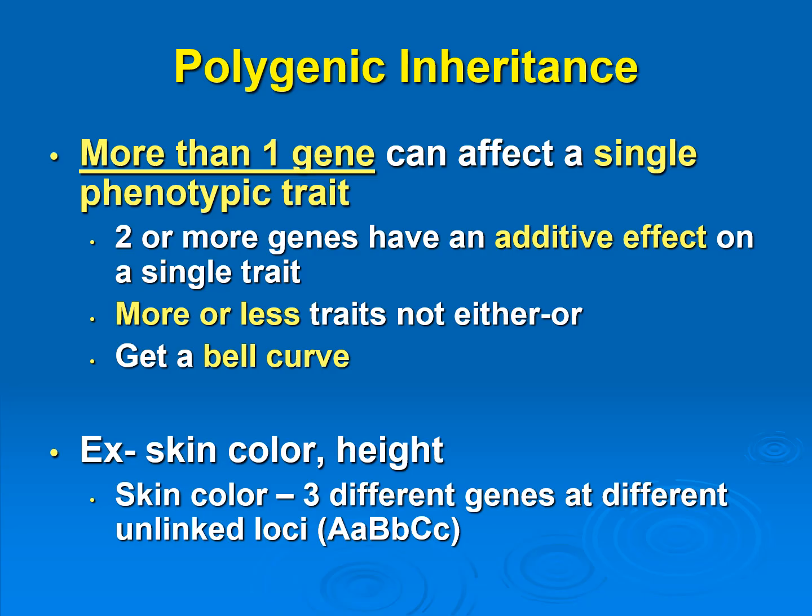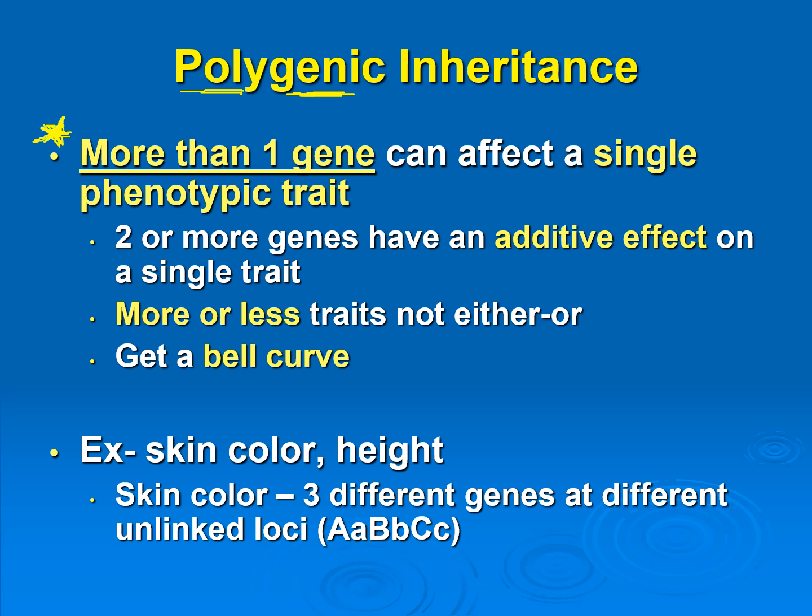Okay, and then our last one is polygenic inheritance. So again, if we look at the name, poly meaning many, and gene is talking about genes. So we just have more than one gene affecting a single trait.